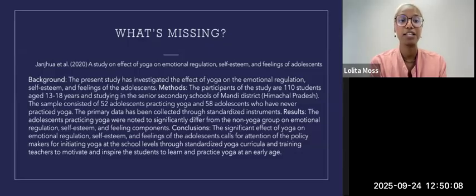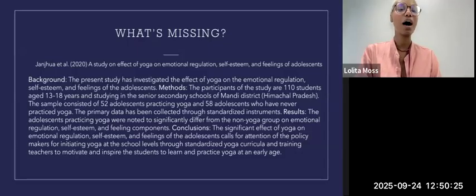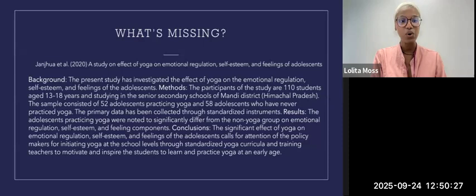The adolescents practicing yoga were noted to significantly differ from the non-yoga group on emotional regulation, self-esteem, and feeling components. Conclusion. The significant effect of yoga on emotional regulation, self-esteem, and feelings of the adolescents calls for attention of the policymakers for initiating yoga at the school levels through standardized yoga curricula and training teachers to motivate and inspire the students to learn and practice yoga at an early age.